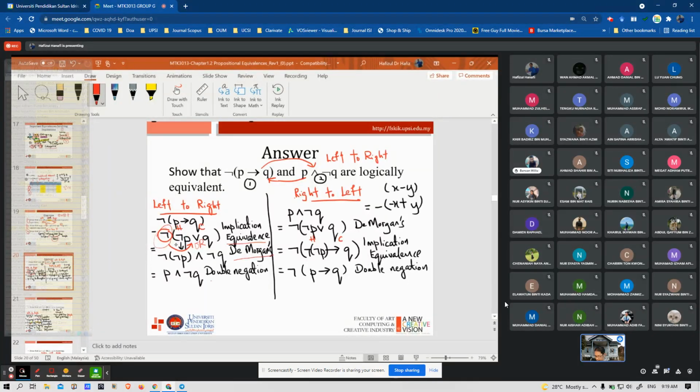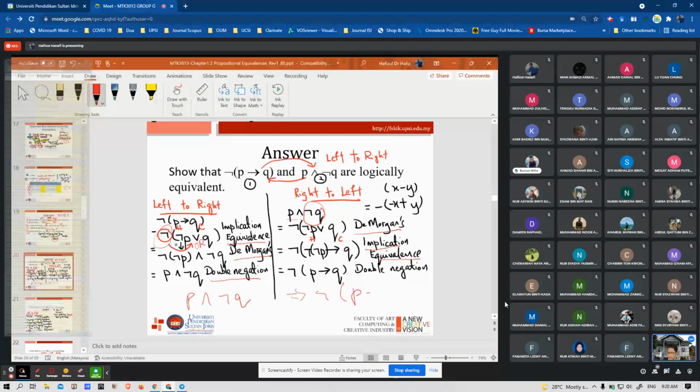And then we have a double negation. P and negate Q is the final one, and then we go by the right to left. Right to left, P and negate Q. This one we just inverse De Morgan, and then implication and equivalence. That we have the final one is negate P implies Q.